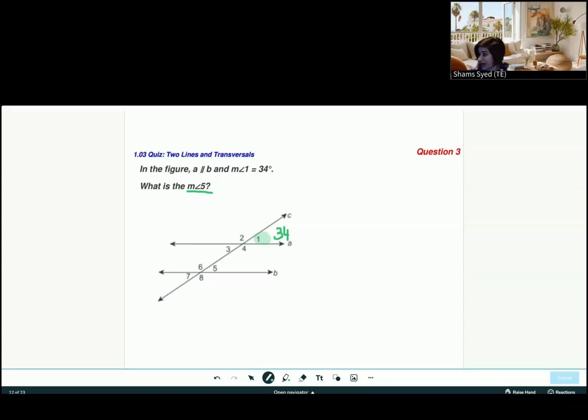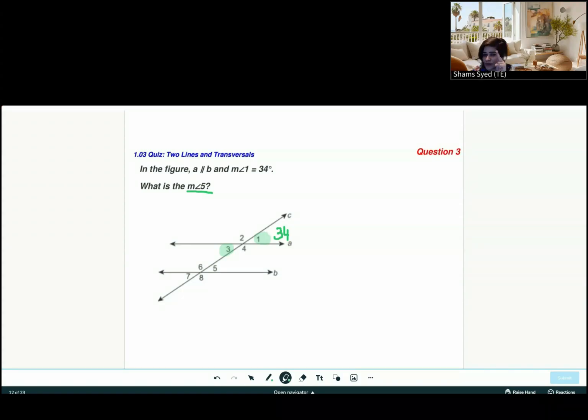I encourage you to use some kind of highlighting tool and highlight all the angles that look like angle 1. They will have exactly the same measure, called congruent. For example, angle 1 is a skinny angle, and I'm sure angle 3 is going to be the same measure.